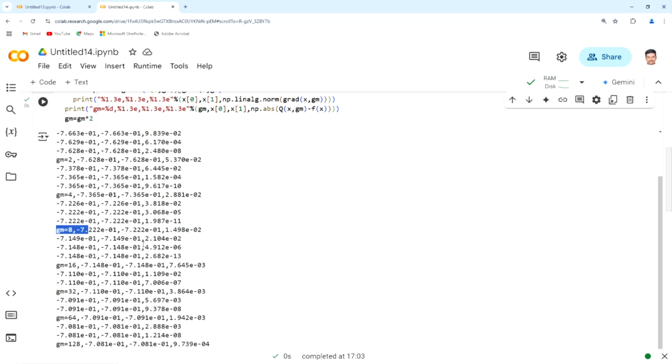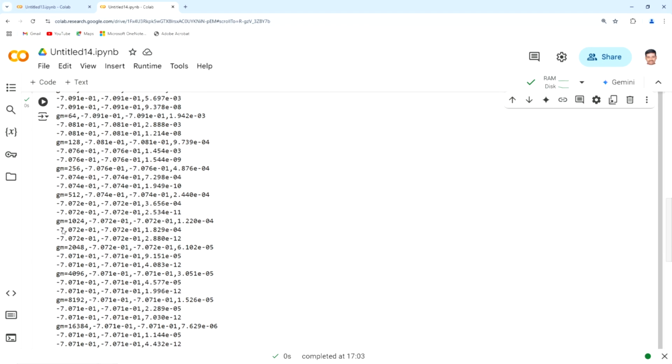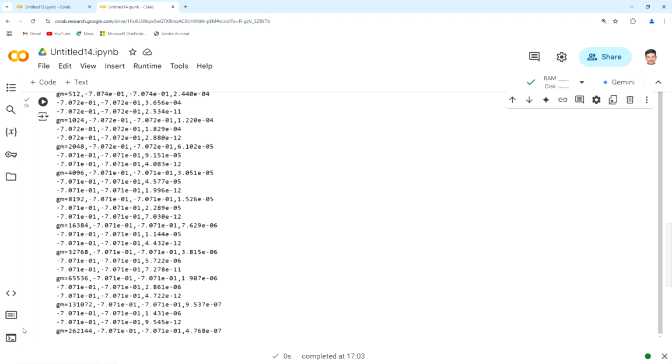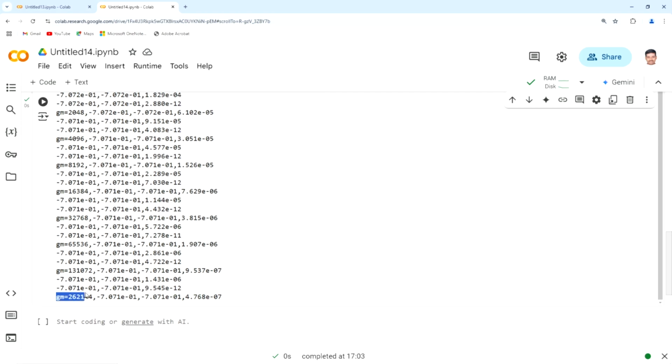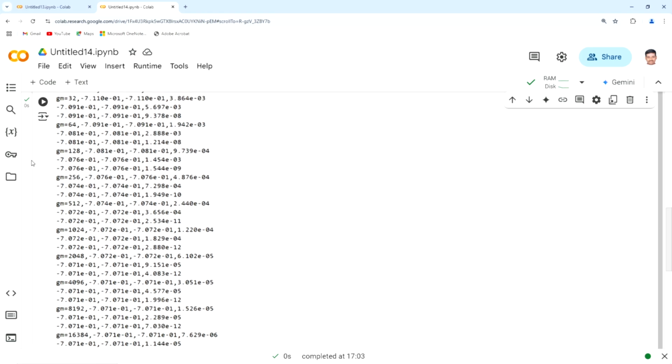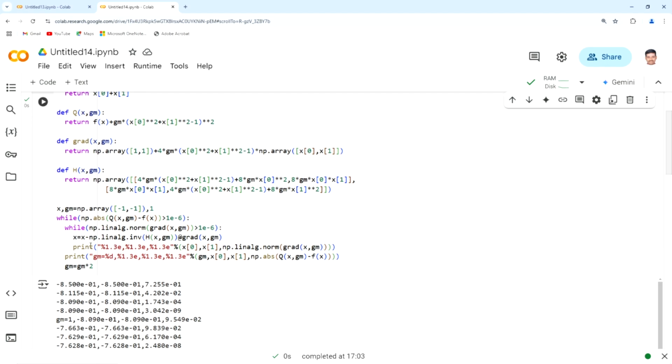The gamma value kept on doubling, and when gamma was 2 power 18, that is for gamma 19, right. So, we have got the right answer, and whatever you get inside is the result of the inner loop that you have here, okay, where we actually use Newton's method to solve each of the optimization problems.